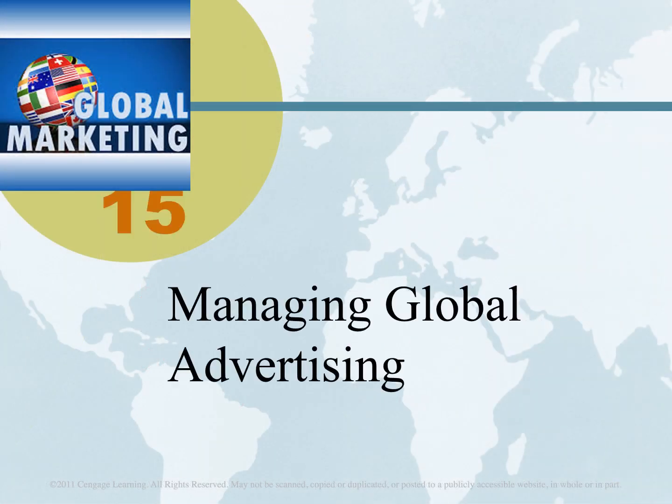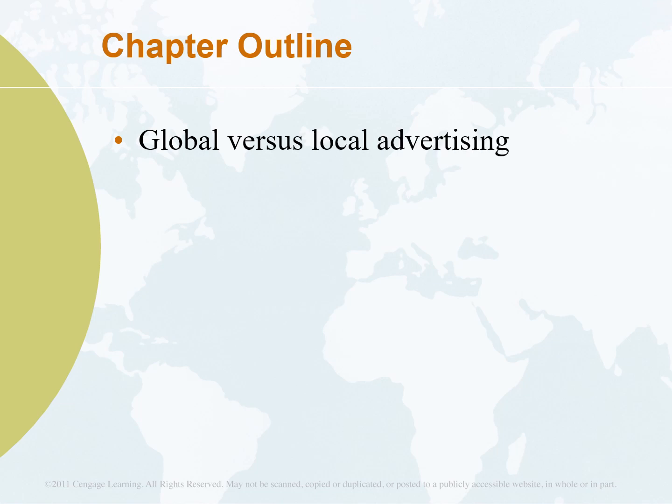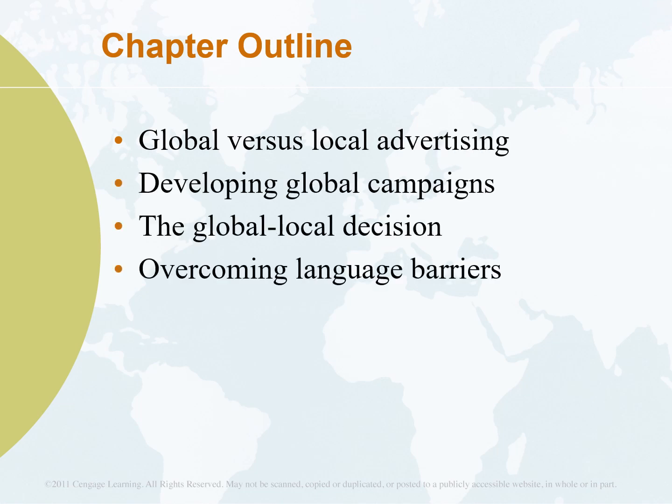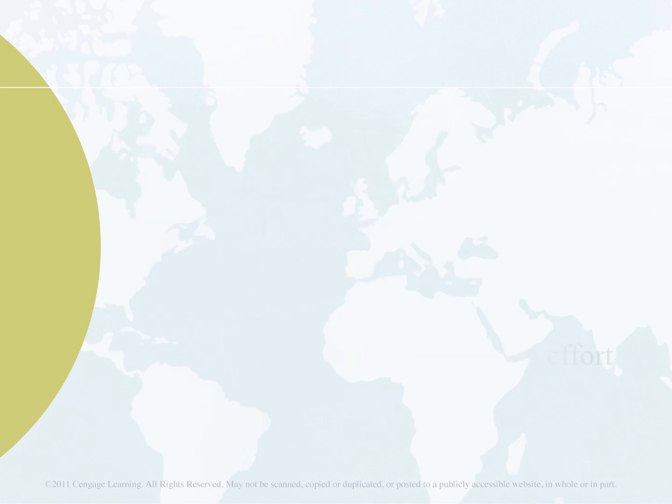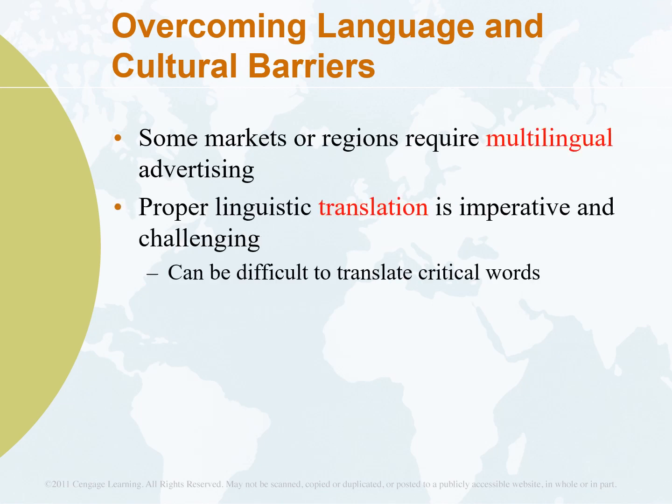Then in chapter 15, we talk about global advertising, how to advertise globally. Global versus local advertising, global campaign, and global-local decisions, language barriers, media strategies, and how to organize. Overcoming language and cultural barriers.